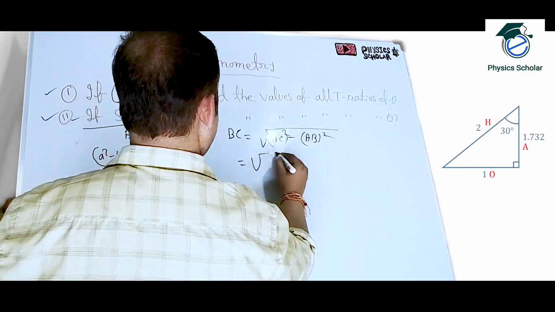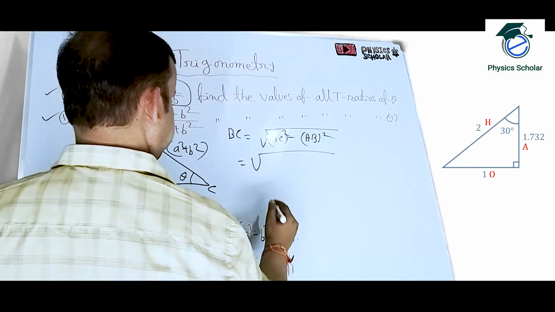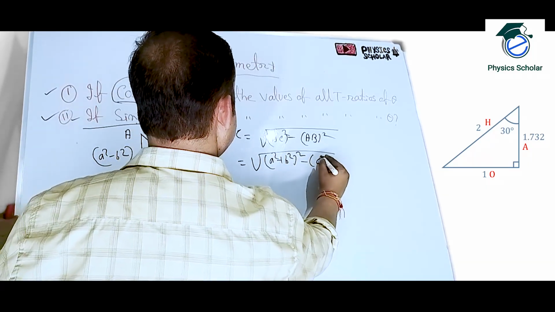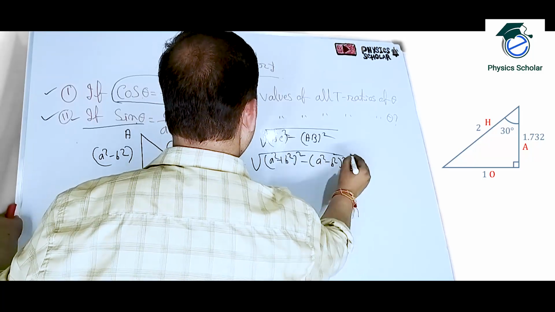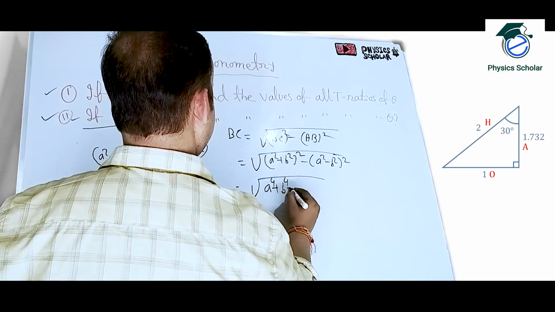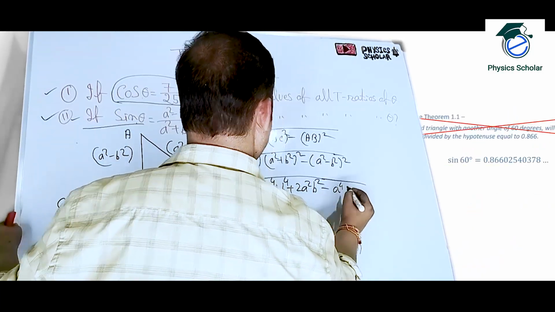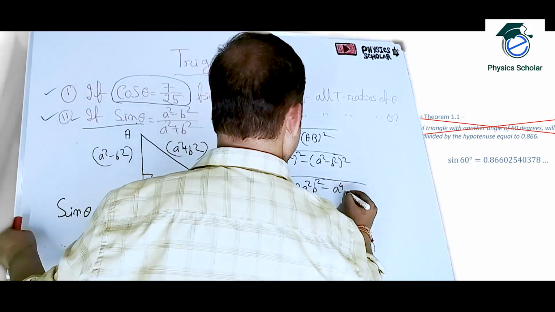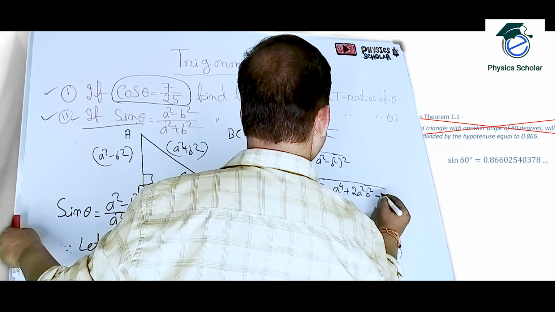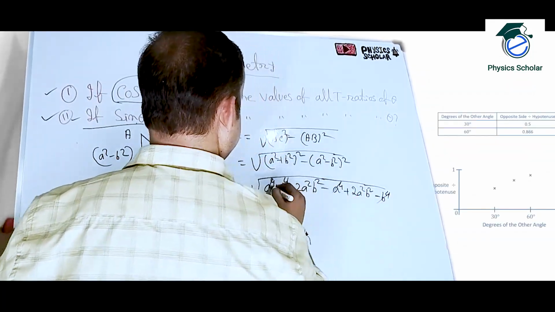Okay. So what is the value of BC? A square plus b square whole square minus a square minus b square whole square. Okay. So a to the power 4 plus b to the power 4 plus 2a square b square, minus a to the power 4, I am changing the sign. Plus 2a square b square minus b to the power 4, I am changing the sign. So this will be cancelled.